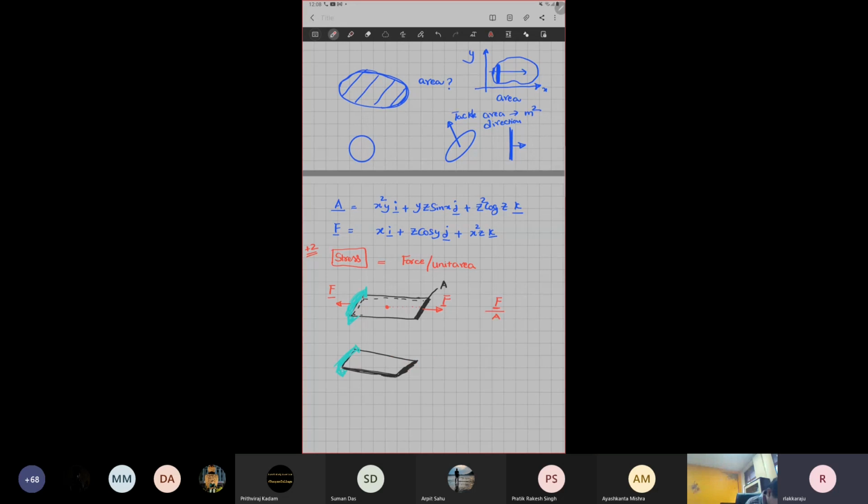So, this is that direction, but I would like to apply in this direction, perpendicular to that. How to define stress in this case? Which area I have to really consider? So same area. Same area, wonderful.